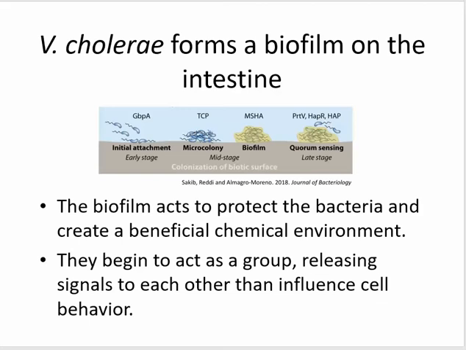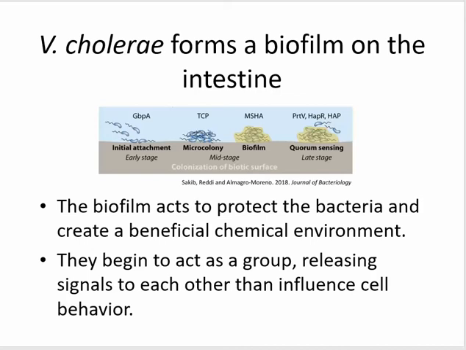One neat thing with Vibrio cholerae is that when the bacteria are in this biofilm, they start releasing chemicals and communicating with each other, cooperating almost as a group instead of as individual unicellular organisms.